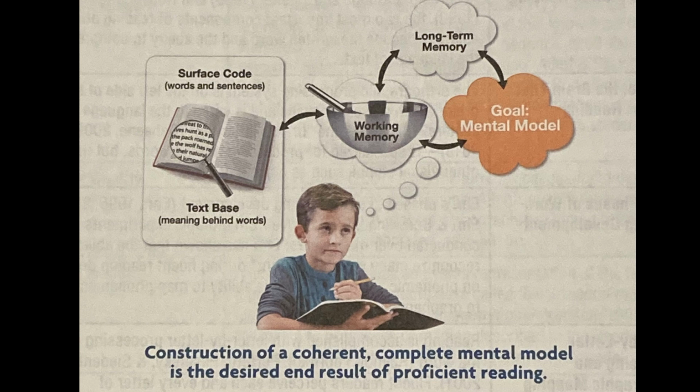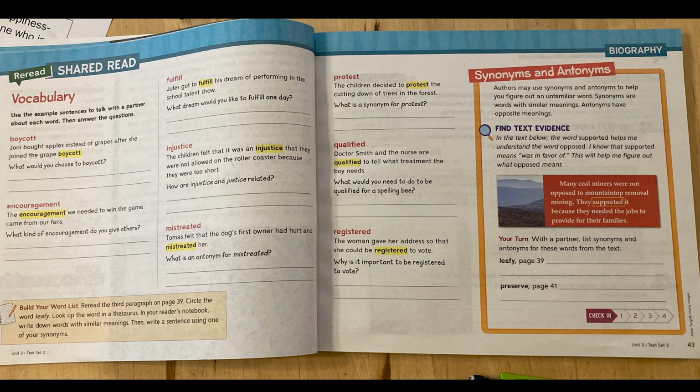On page XIX in the beginning of the Letters Manual, it presents an image of the mental model of reading. By pre-teaching these vocabulary words, students can better comprehend what they are reading. On page 21, the Letters Manual outlines how vocabulary development leads to reading comprehension.